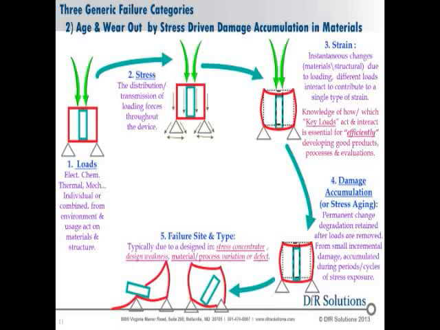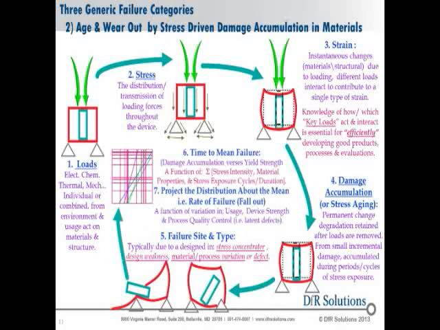And understanding what the various weaknesses and potentials for variation in materials are helps us identify where the potential weak links in the design could be, so we know that we need to fortify them a little bit.